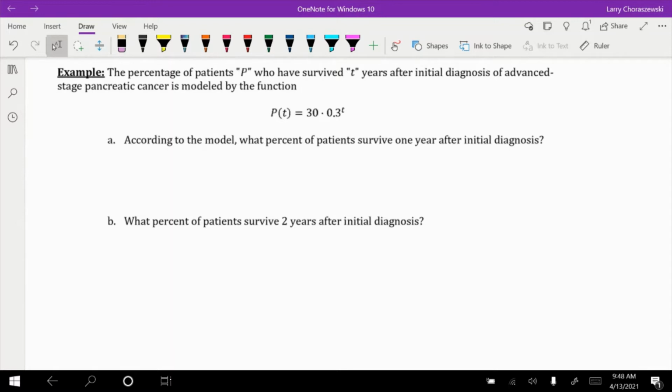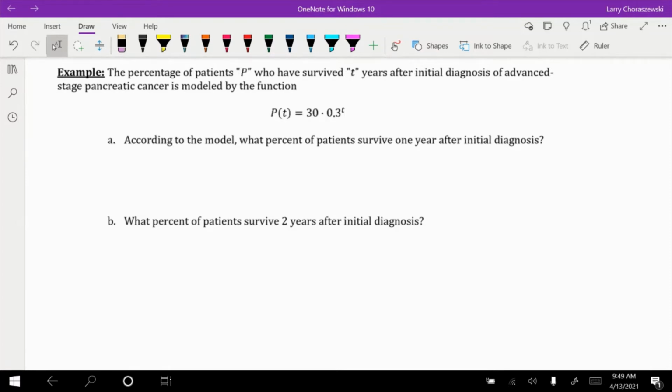And in a sense, I find math helpful in a perspective like this, because it can help us do some predicting and make informed decisions about how to handle things like people that have advanced stage pancreatic cancer. It turns out that you can model the survival percentage using an exponential function, which is kind of interesting in my opinion, although the context is quite sad.